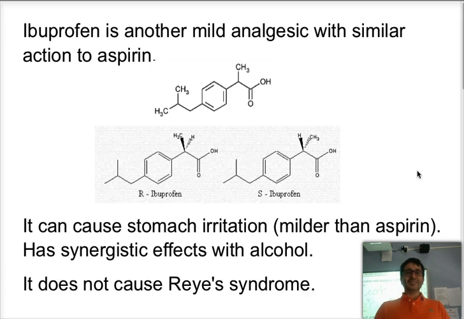It also is acidic, as you can see that it has a carboxylic group here. And so it's still going to be quite irritating to the stomach, even though it is milder than aspirin. It also has synergistic effects with alcohol, but different from aspirin, it does not cause Reye's syndrome.